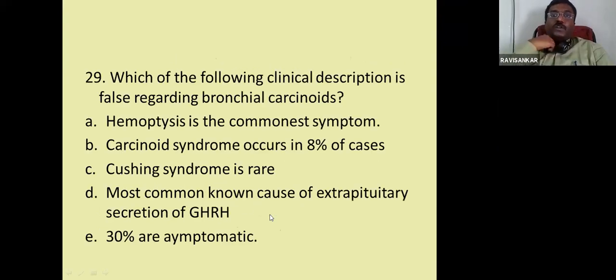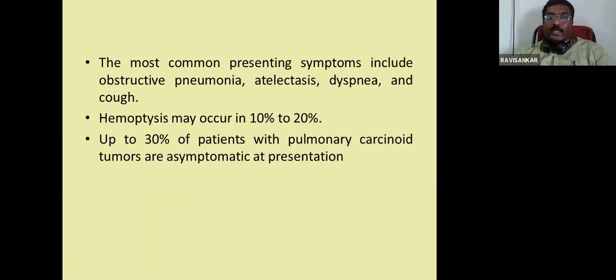Which of the following clinical descriptions is false regarding bronchial carcinoids? So usually hemoptysis can occur in 10 to 20%, but most of them will present with obstructive pneumonia because they occur more commonly in the main bronchus areas.